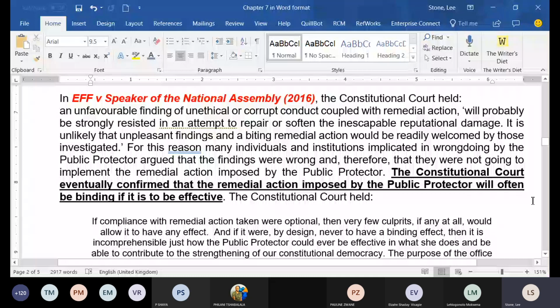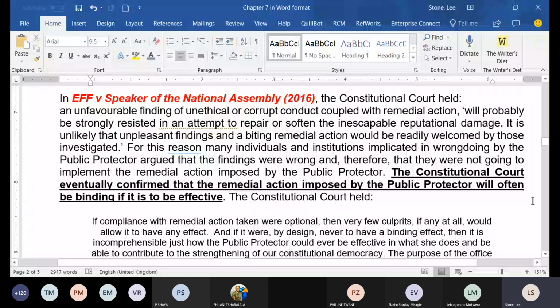So the court emphasized again in this seminal 2016 case of EFF versus the Speaker of the National Assembly that the public protector strengthens our democracy.